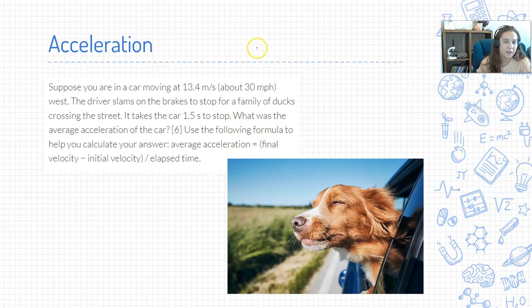I'm going to put that formula right up here at the top: final velocity minus the initial velocity, over time. We know that our final velocity, because we have stopped, is 0.